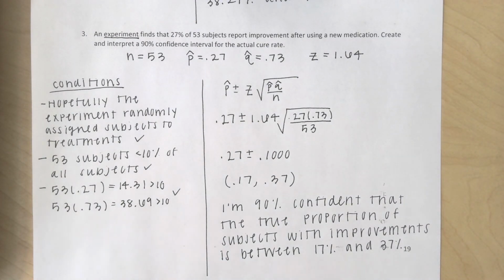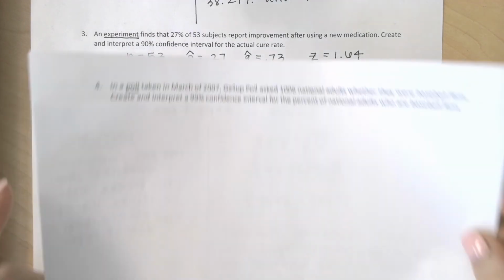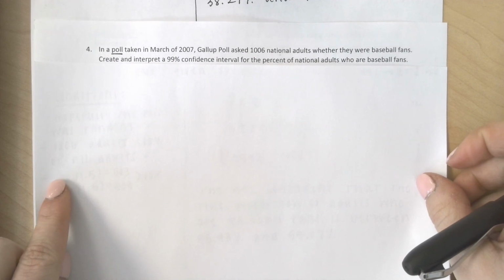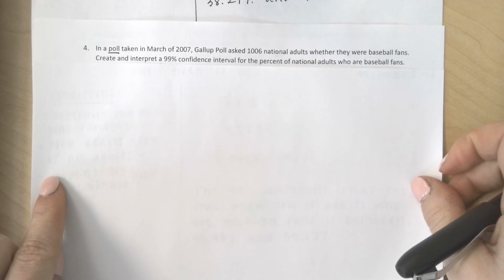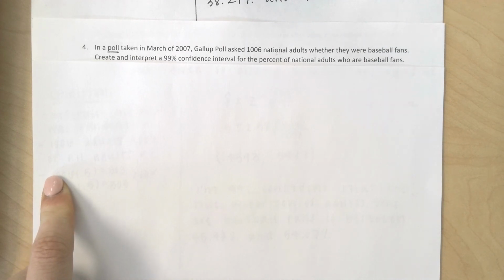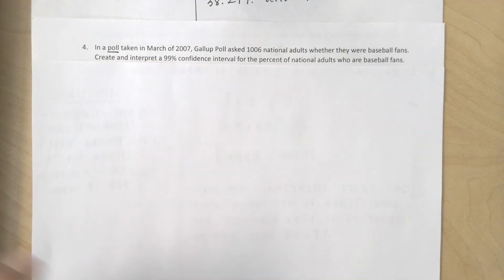Okay, the only other thing that I want to point out is what happens if you come across an example like you'll see on number 4 on the next page where they do not give you a p-hat. They don't give you a proportion. Number 4 says in a poll taken in March of 2007, the Gallup poll asked 1,006 national adults whether they were baseball fans. We want to create and interpret a 99% confidence interval for the percent of national adults who are baseball fans.